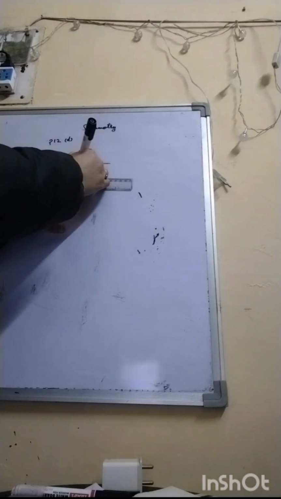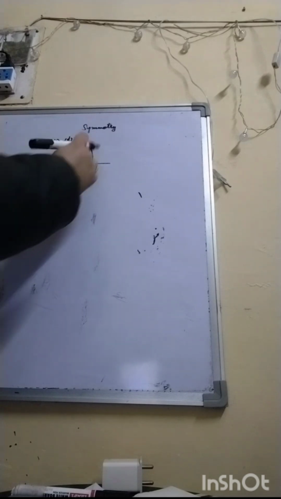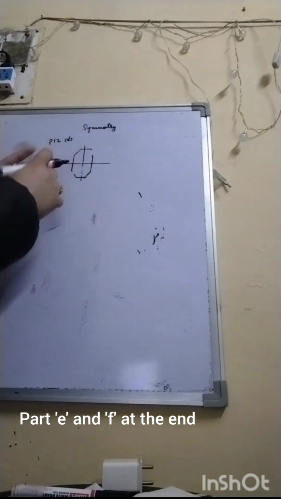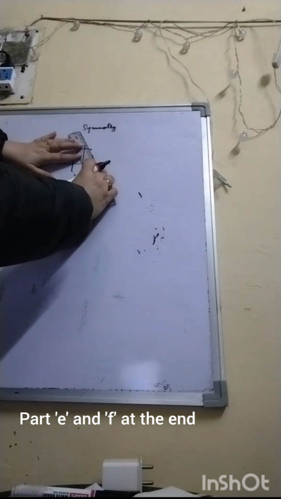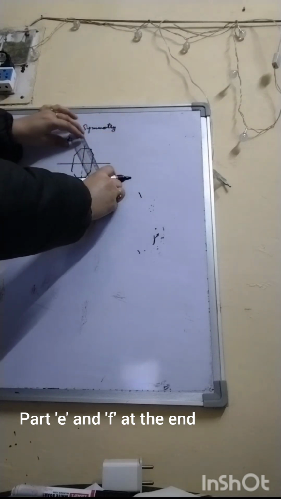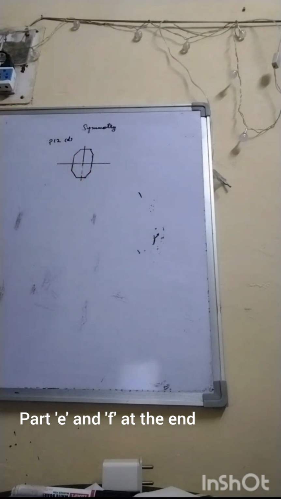So with this you get the full figure in this case. So this is the figure completed around the two lines of symmetry.